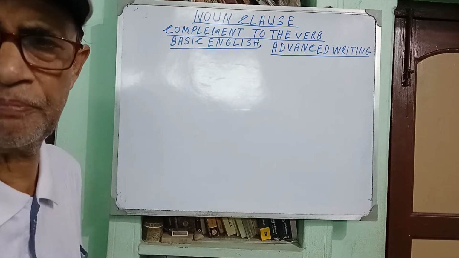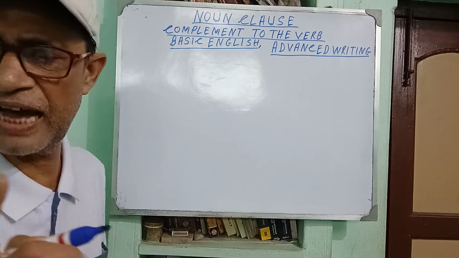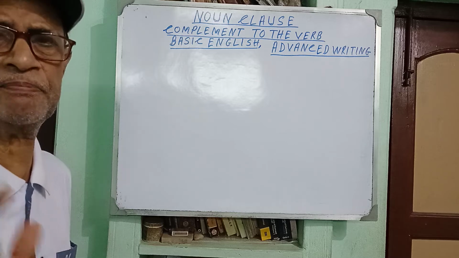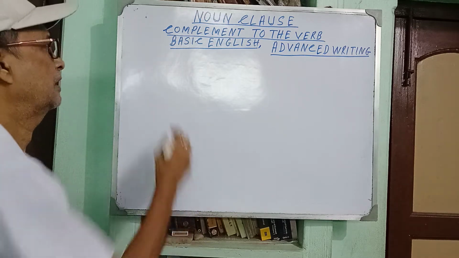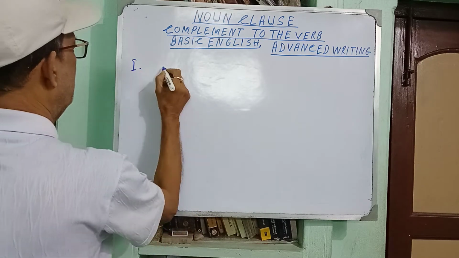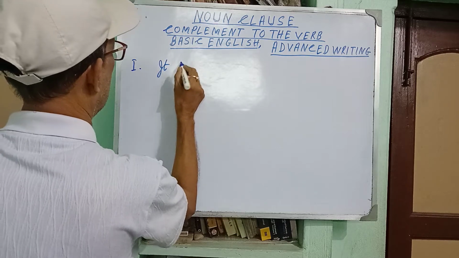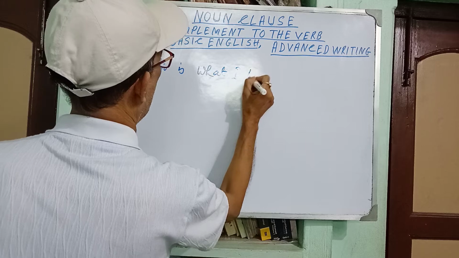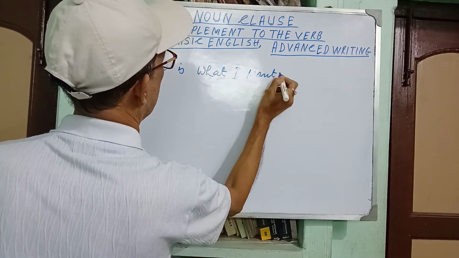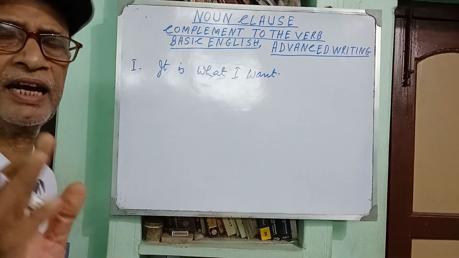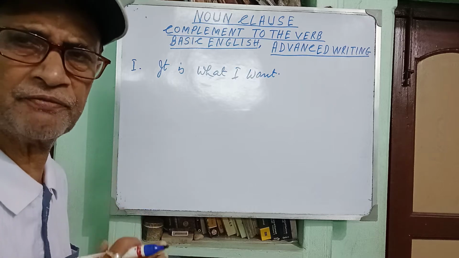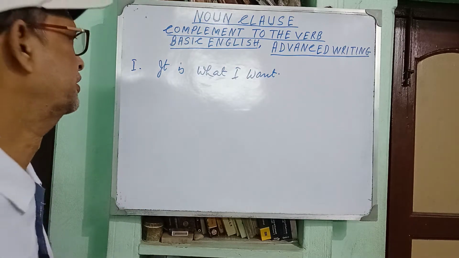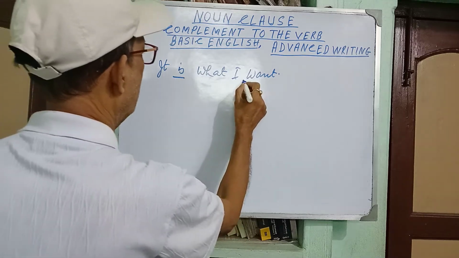My first example is that it is what I want. It is the simplest example. Number one, it is what I want. You see that there are two finite verbs and naturally there are two clauses, is and want.